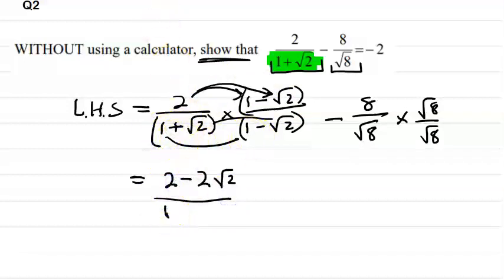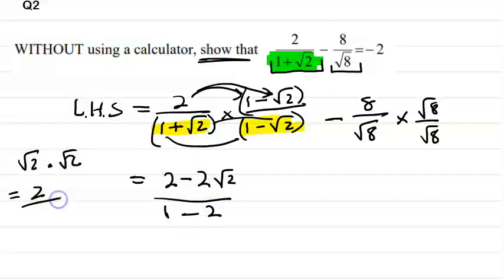This is sum and difference here. You can see that. So we're only going to multiply the first and the last terms. If we're using the FOIL method, first, outer, inner, last, remember that the inner and the outer terms will cancel. So you're going to be left with 1 times 1 is 1. Plus root 2 times minus root 2 is minus 2. Remember that the square root of 2 times the square root of 2 is equal to 2.